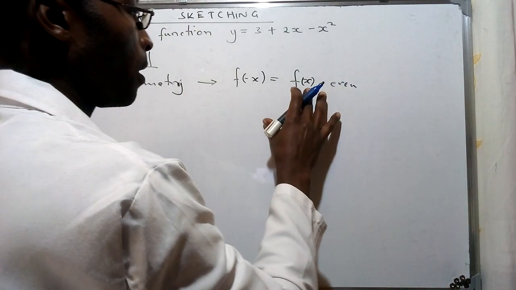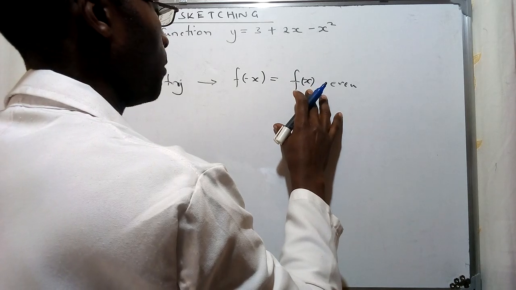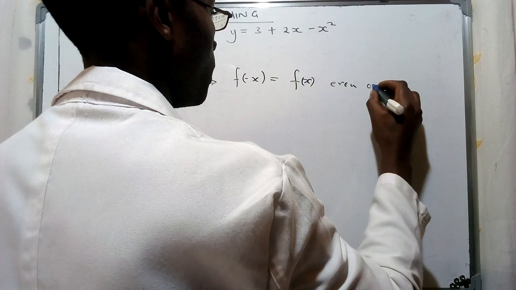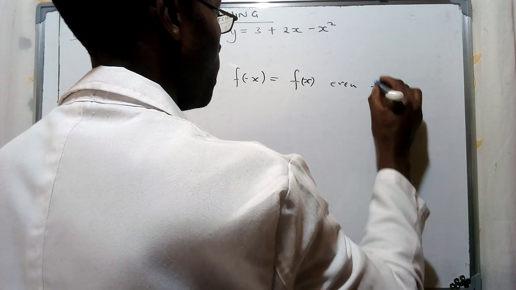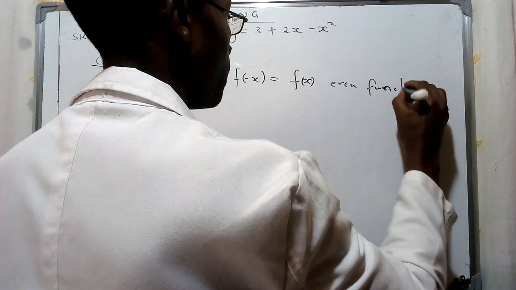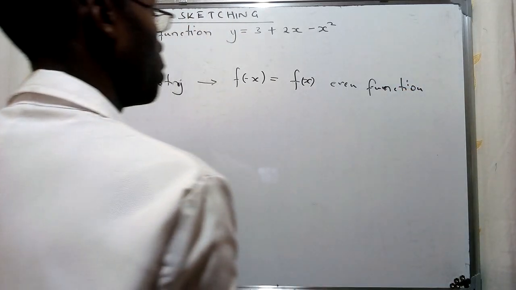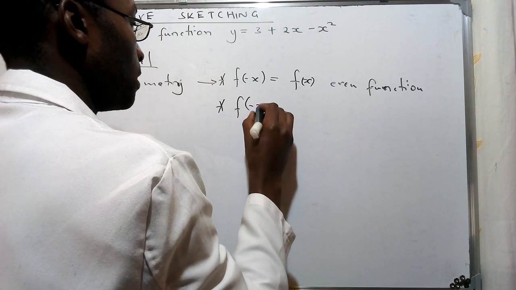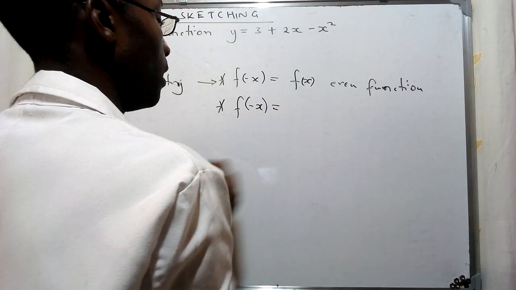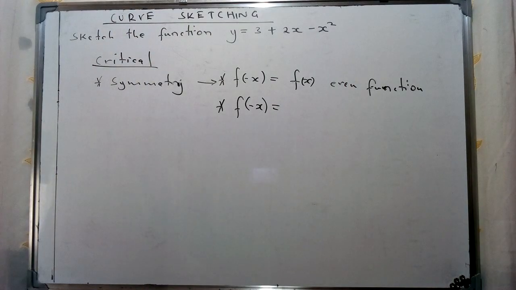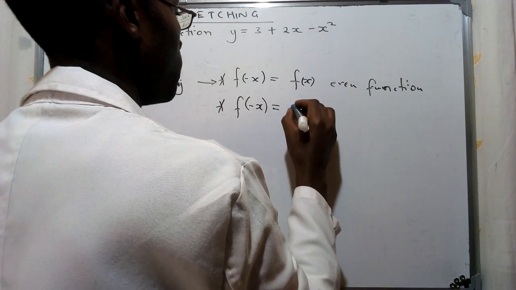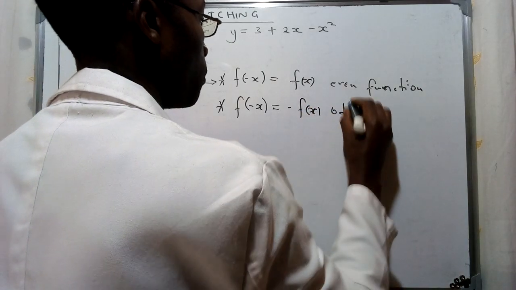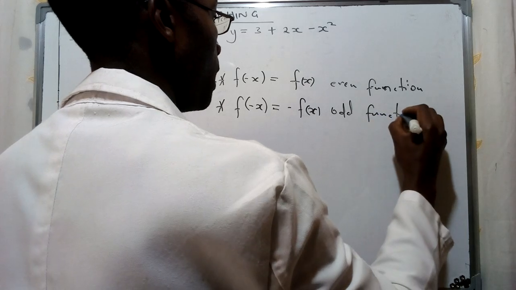So for all the values in the domain of x, such a kind of function is going to be referred to as an even function, which obeys this specific condition which I have given. As well, if we have a function which obeys these specific conditions for all values of x in the domain of that function, given in terms of negative f(x), this is going to give us what we refer to as odd functions.